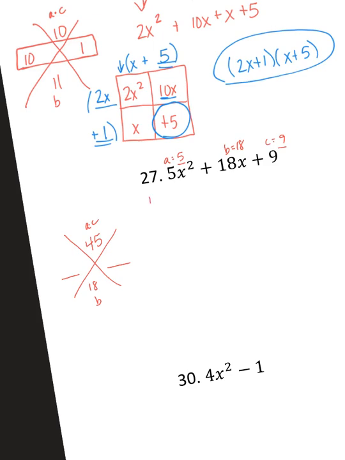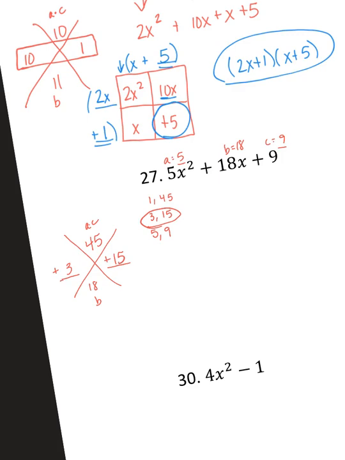So we've got 1 and 45, 5 and 9, 3 and 15. And I think that's it. So we're looking for the pair that adds up to 18, so that would be 3 and 15. And since both of these are positive, our numbers out here are going to be positive. Hopefully you're getting comfortable with filling in the diamond by now.